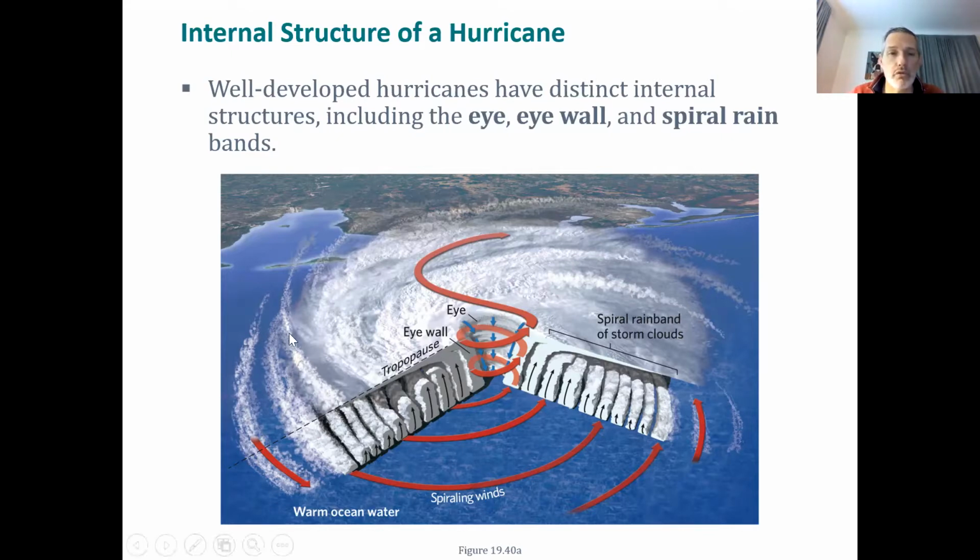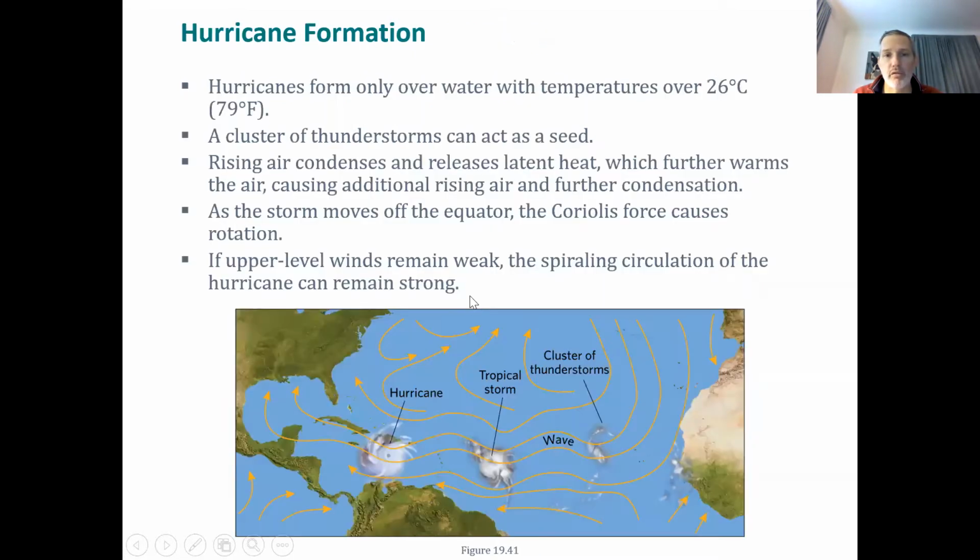Now, you can actually fly over these hurricanes if you stay up in the troposphere. And so we do this often. We'll fly over the hurricane and take some readings, measure what's going on to help us better track these hurricanes. So these individual rain bands are associated with the air moving in this spiral fashion.